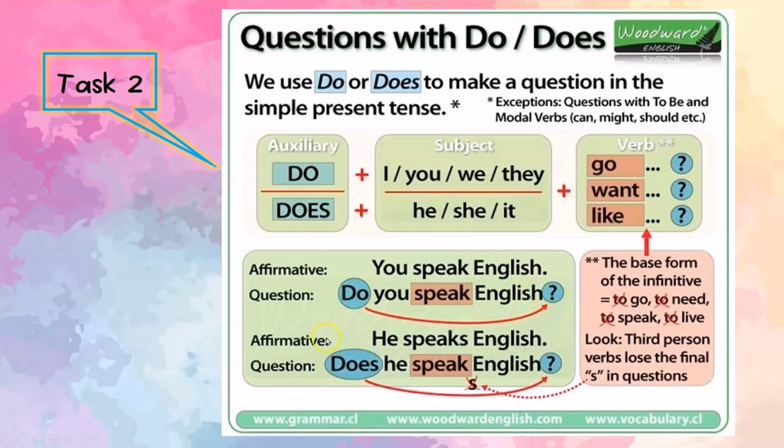Another one is, "He speaks English." For the question, you look at the subject again. If it is singular, you will use does. So, "Does he speak English?" In a question, if we have does, we have to drop the S for the verb. So it will be, "Does he speak English?"